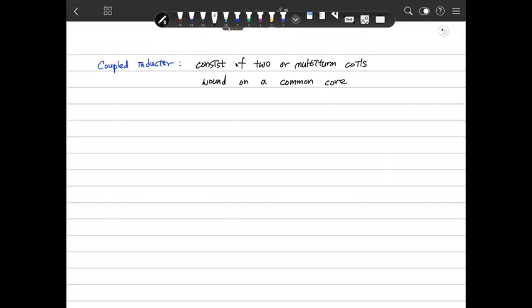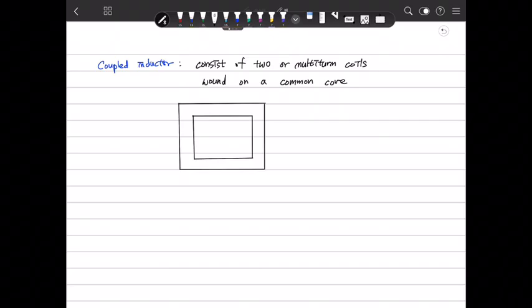We call that the coupled inductor. I mean, there are some coils here, and this is a core. This core consists of iron or silicon steel.